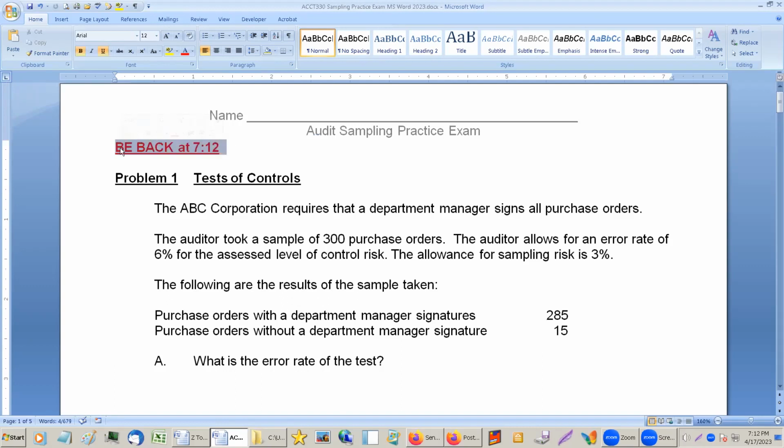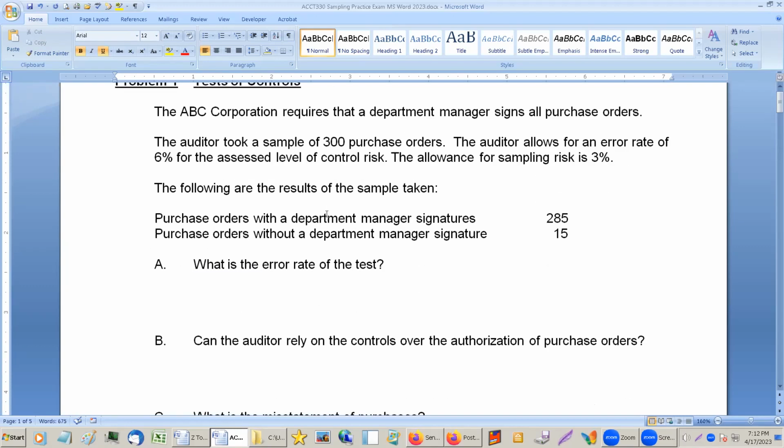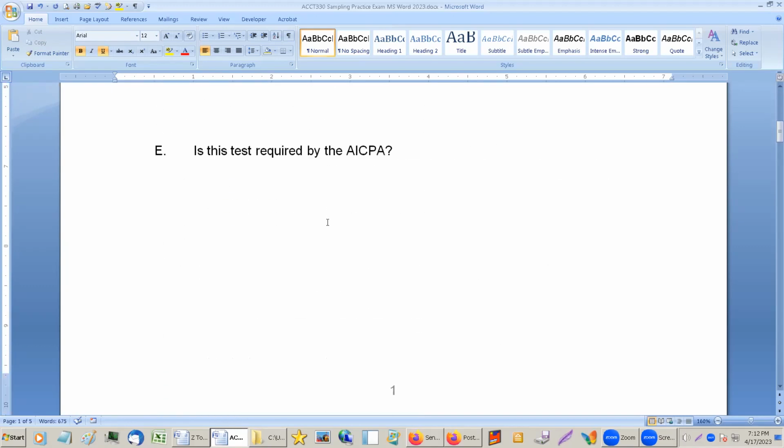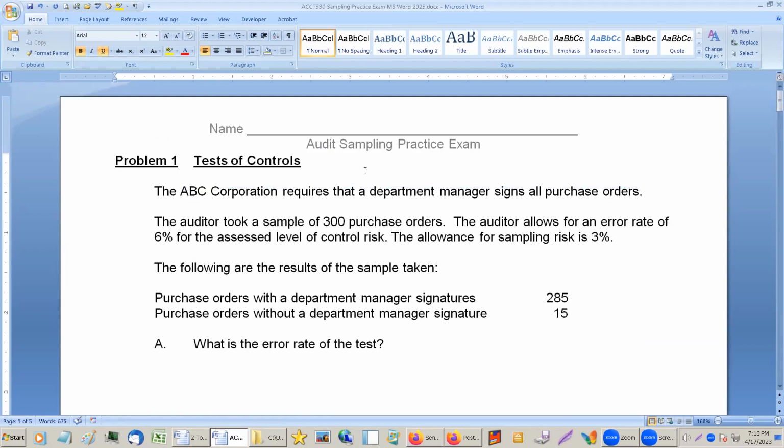So the practice exam. The reason we're doing this practice exam, this is all stuff we've already covered. But I just wanted to kind of go through it and reinforce it, because some of the stuff we did a while ago.